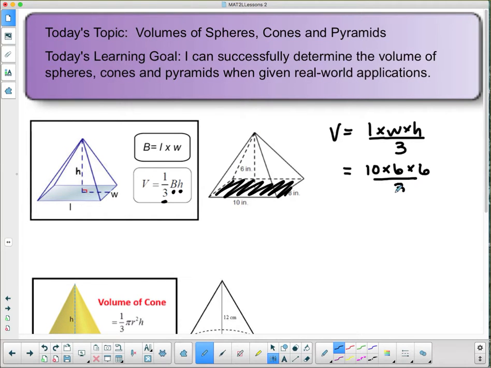And then we divide it by 3. Well, 10 times 6 is 60, and then times 6 is 360. And then we have to divide that by 3. This line underneath means division. And 360 divided by 3 is 120. Now remember, we're dealing with volume, so when I write down my inches, I have to give it the 3rd dimension.